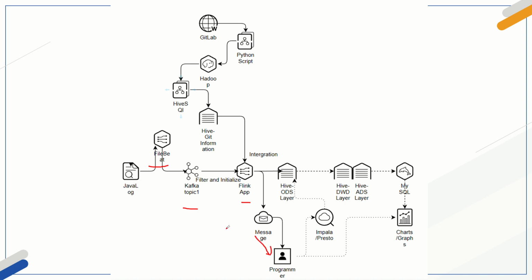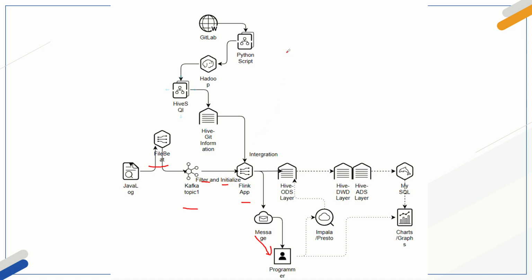The logs need to be processed first. We need to filter out the error logs. We need to parse these logs in order to get some important information, such as the level of the log, the Java class that printed the error log, the time, and the detailed information.